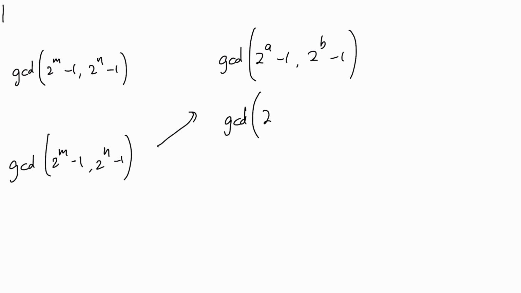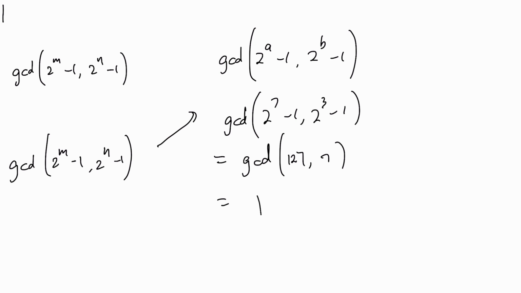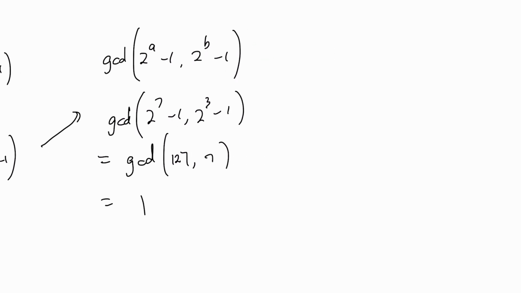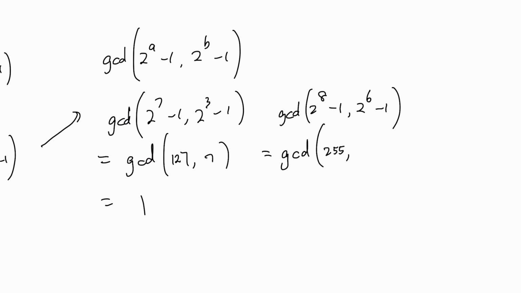Let's test out some small numbers, maybe 2^7 - 1 and 2^3 - 1. That would give the GCD of 127 and 7. Obviously 127 is not divisible by 7, which means that their GCD is 1. We got unlucky there. How about we try 8 and 6: 2^8 - 1 and 2^6 - 1. Then we have the GCD of 255 and 2^6 is 64, so 63.